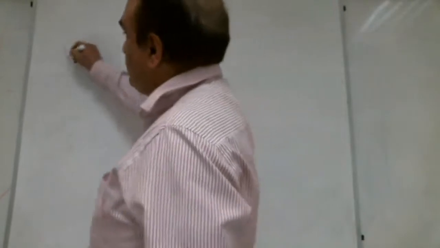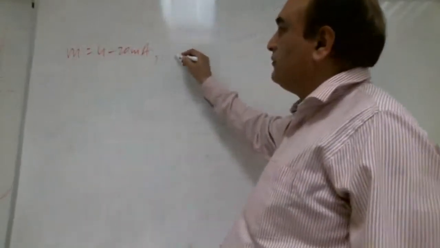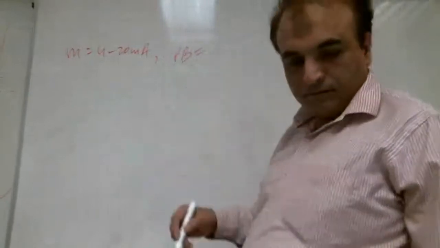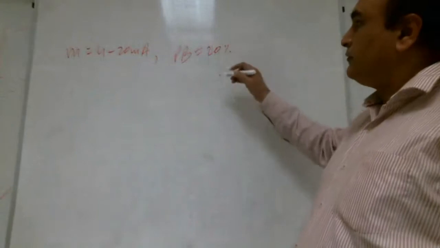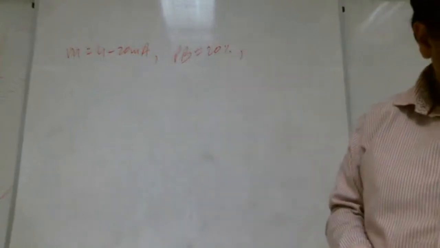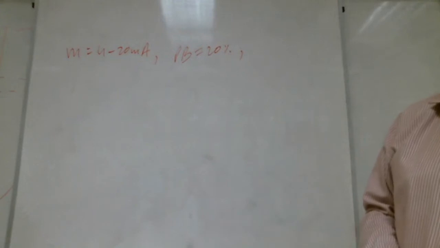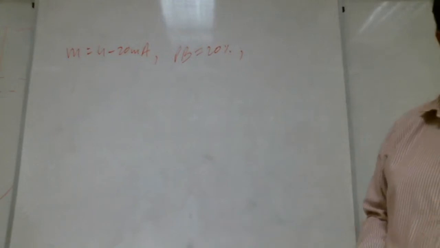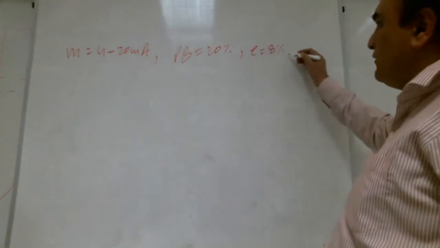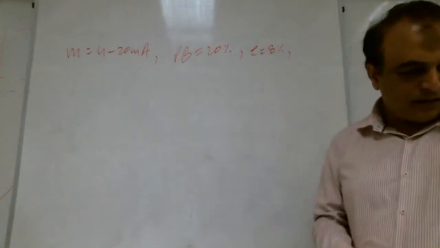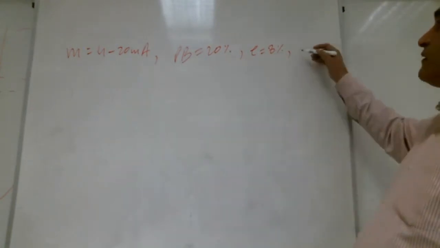If the proportional band is 20% and the difference between set point and measurement value is 8%, what will be the value of the controller output signal in milliamp and psi? Assume, so what is 8%? 8% is the error. Very good. And assume C0 equals 40%.